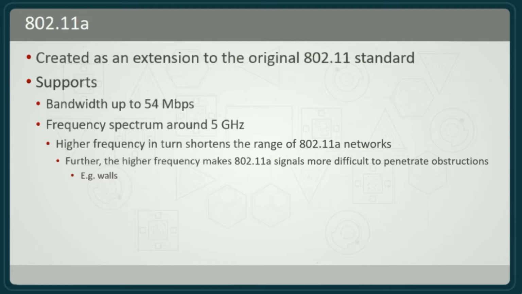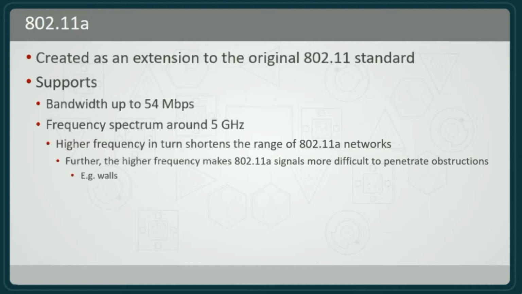Now, that higher frequency does offer a better quality signal, but by nature, higher frequencies do not travel as far as lower ones do. So it shortens the range of A networks, and further, the higher frequency makes the A signals more difficult to penetrate obstructions such as walls.